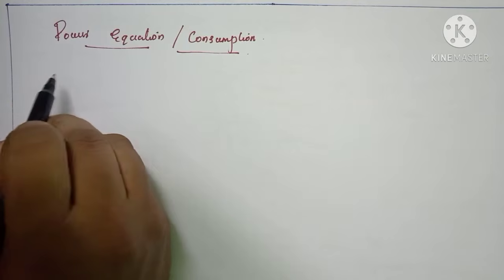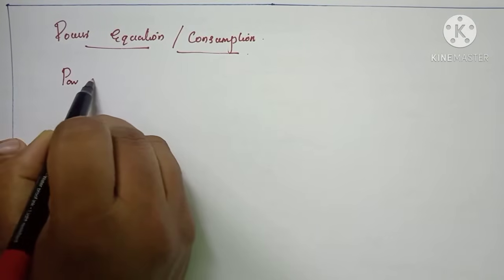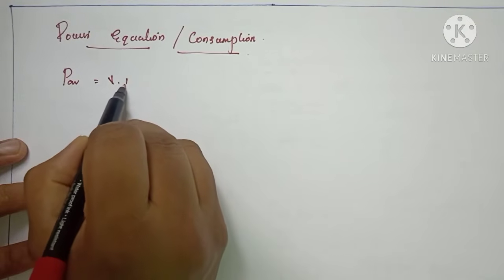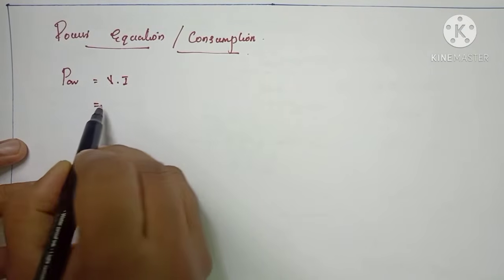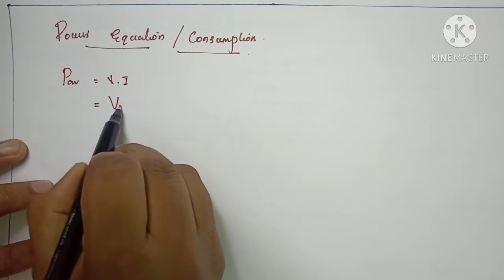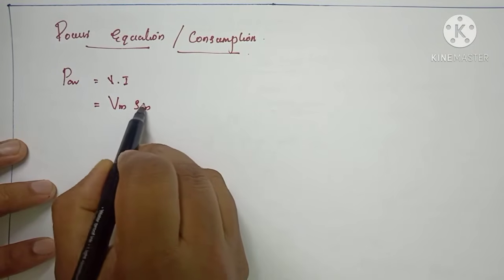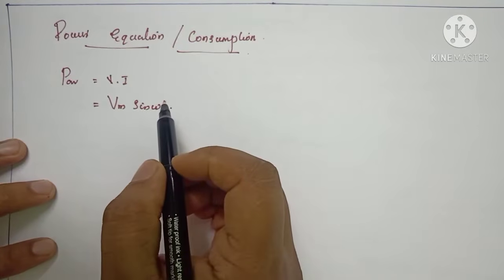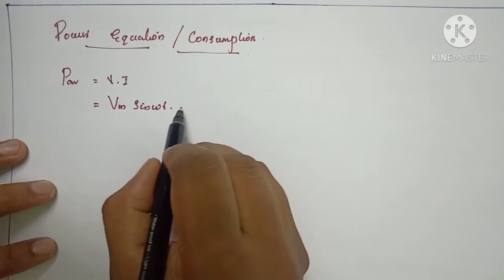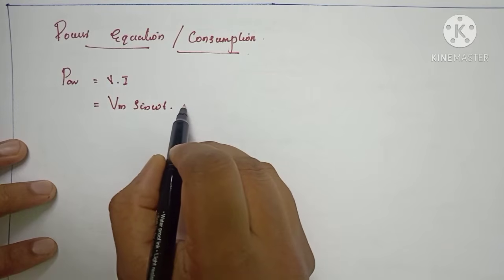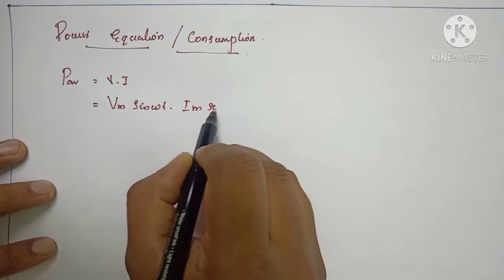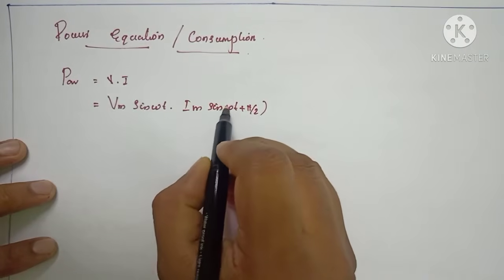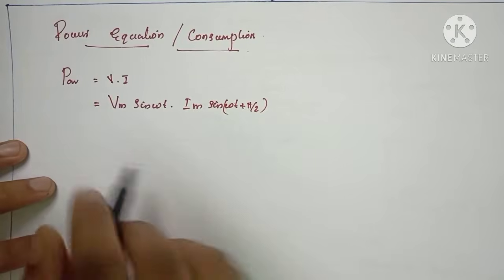Power will be the average value, so the average value of P will be equal to the product of voltage and current. Here V is the instantaneous value of voltage, that is Vm sin omega t, and I will be the instantaneous value of current, that is Im sin(omega t plus pi by 2) in a pure capacitive circuit.